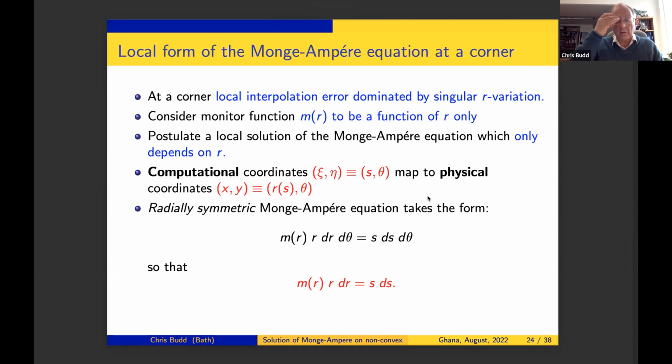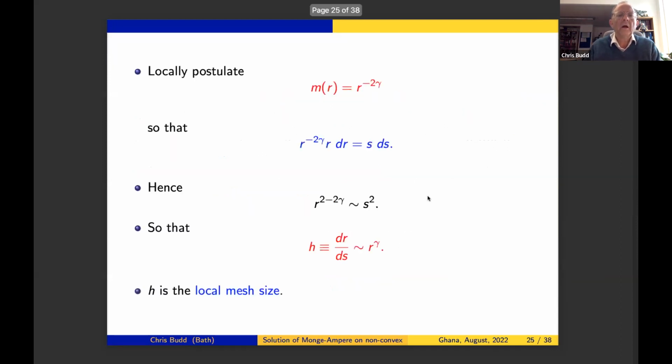The Monge-Ampere equation, if you do that, becomes M r dr d theta equals S ds d theta, shown in black. That reduces down to the very simple equation in red: M r dr equals S ds. That is the Monge-Ampere equation if you ignore theta dependence. Well, that's a nice, easy equation to solve. You can integrate that up very quickly if you know what M is.